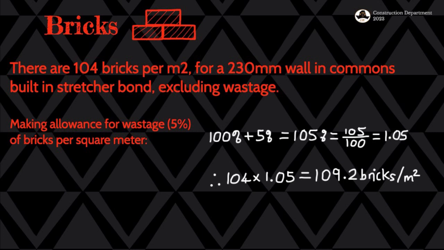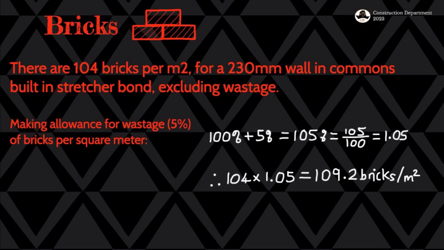So making allowance for the wastage, we're going to make an allowance for around 5% of bricks per square meter. So we're going to say that 5% we add to 100%, 100% meaning it's 104 bricks per square meter. We're going to add just a few more bricks, 5% of 104. A shortcut, without having to do it one by one, we just say 100% plus 5%, which gives us 105%.